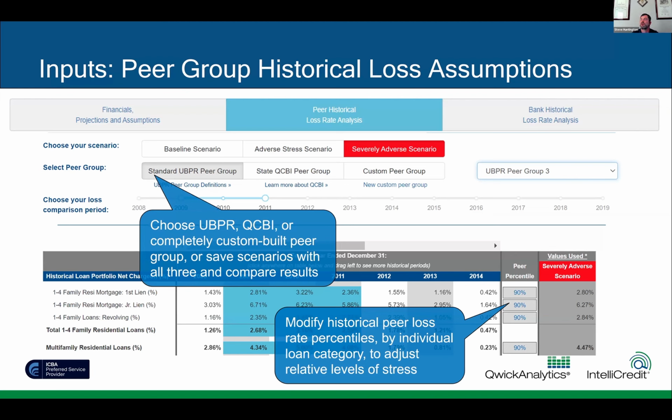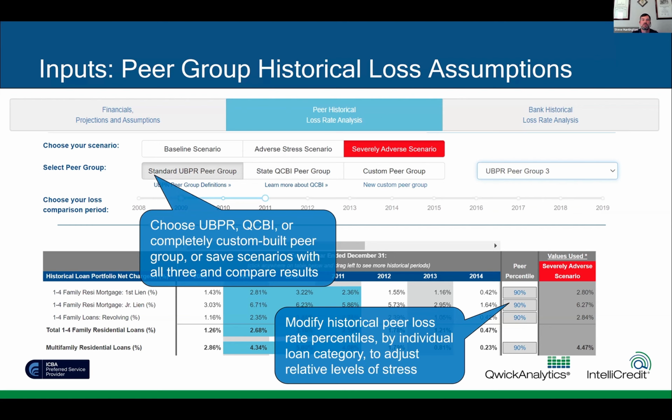In addition to that, once you choose a peer group, all the peer losses historically will show up in the table below, and you can customize the look back period. So you make sure that the look back period that we're using for the industry stress period matches the most stressful period for your peer group, right? Losses started hitting on the West Coast certainly before they got to the East Coast, and further up the East Coast it was a little bit later as well.